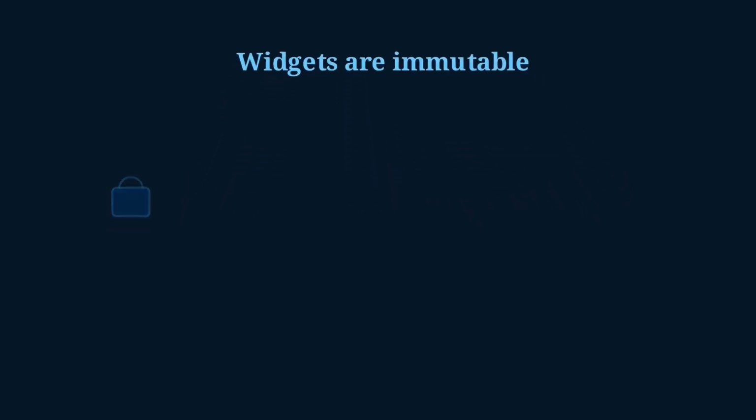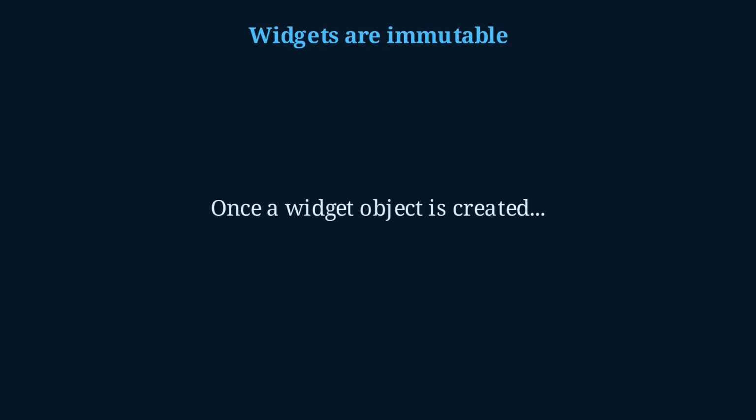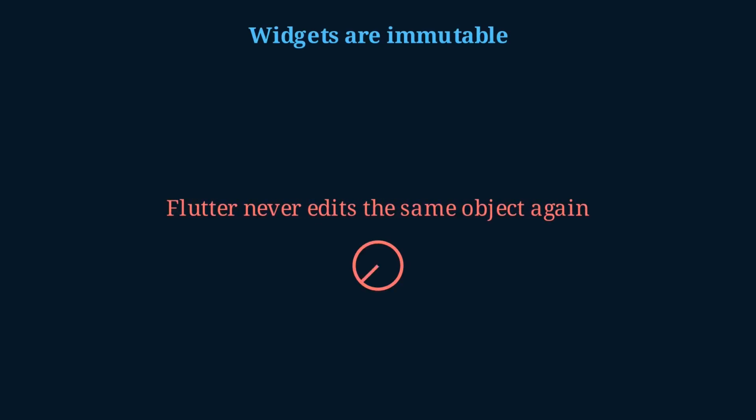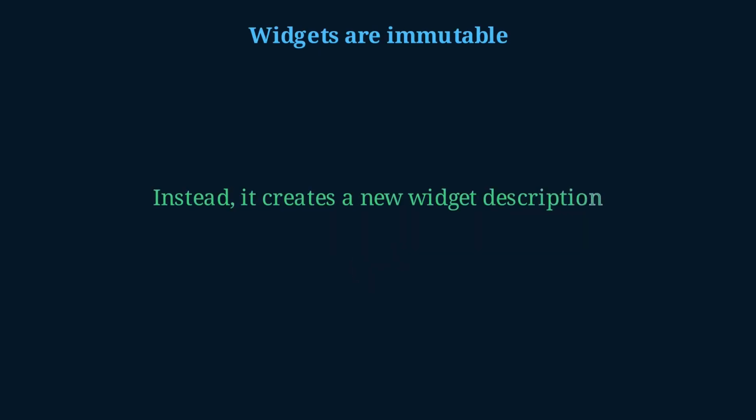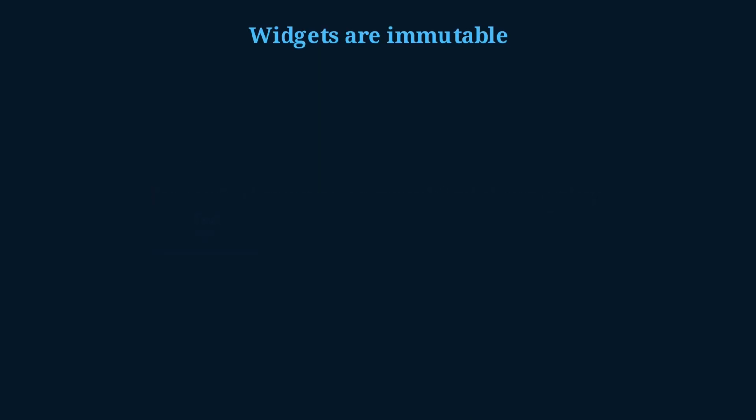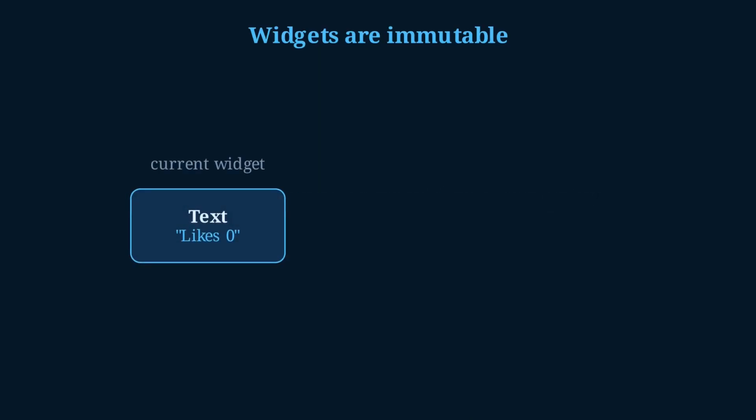A very important point is this: widgets are immutable. That means, once a widget object is created, Flutter does not edit that same widget object again and again. Instead, when something changes, Flutter creates a new widget description. For example, right now our text says "likes 0." If the user taps the button, the likes value becomes 1.